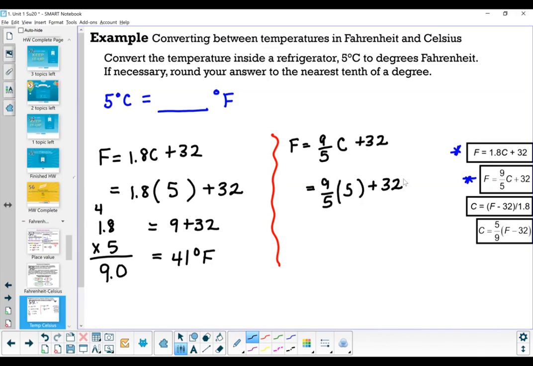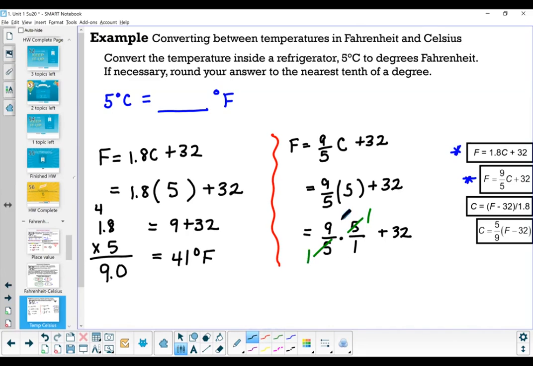Okay, so here, you're multiplying first. We have a fraction. So 9/5 times 5. You can look at that as 9/5 times 5/1. In general, I prefer to reduce before I multiply. So the 5s will reduce, and I'm left with 1 and 1.